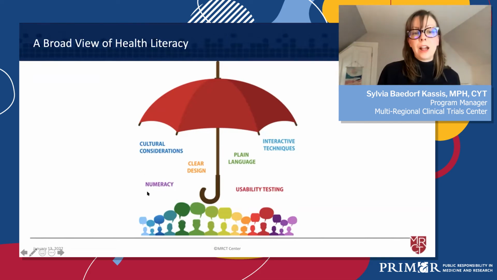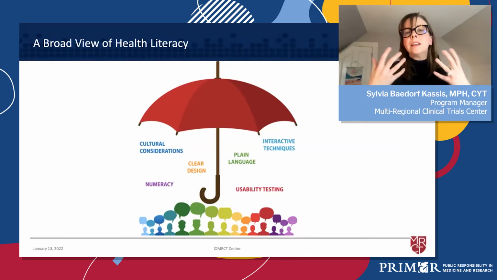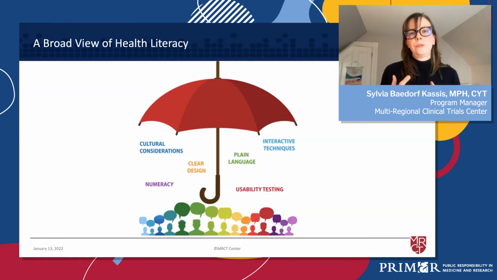So numeracy factors into the types of information that could be shared in a research context. Plain language is about using simple, understandable language, fewer syllables, shorter sentences, one concept at a time, things that help make information clearer and more concise.